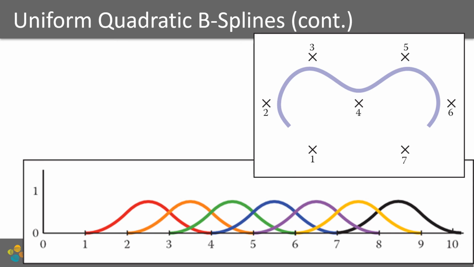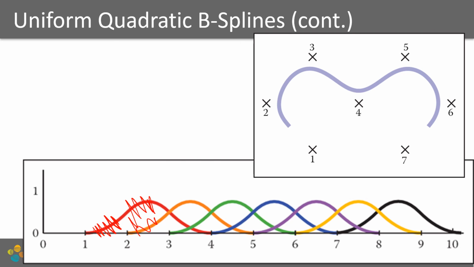If we have a look in here, we can see how our basis functions are overlapping. These are the quadratic B-splines, and we can see that this part will not be contributing at all, because the sum of the basis functions in this region is not summing up to 1. And this is also the case here.